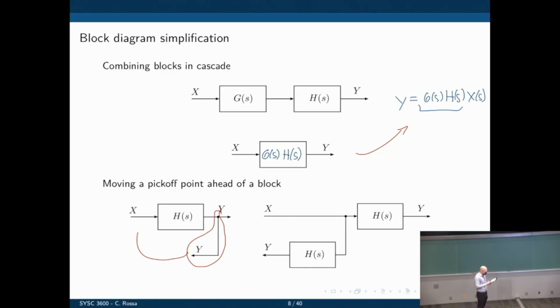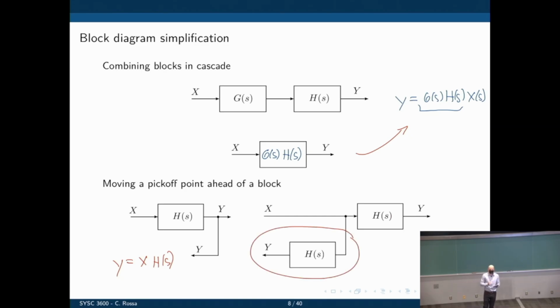So now let's see what we did here. The signal that you are interested in here is y. That's signal y. If we now move the pickoff point, let me write here, y equals x times h of s, isn't it? If you now take this point and move it ahead of the block, we need to multiply the signal by h of s so that y is still h of s times x of s.